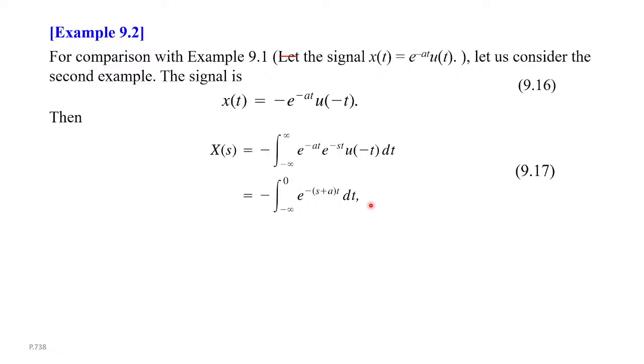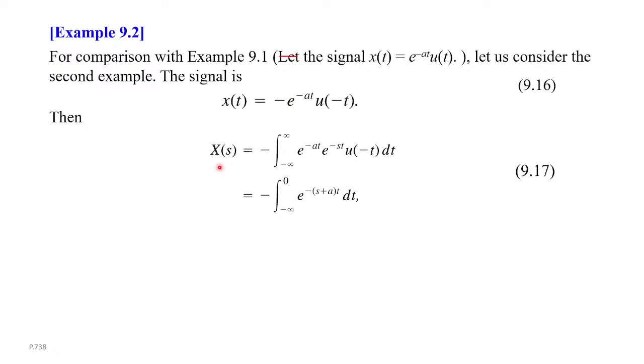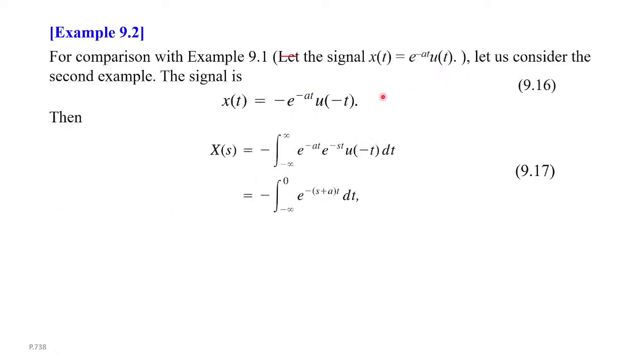And yeah, you can do this integration, although there are some complex numbers, you can basically just treat them as if there is no complex number. So you get 1 over s plus a. And so at 0 it is 1, and at minus infinity it will be 0. But now we also need to check convergence.